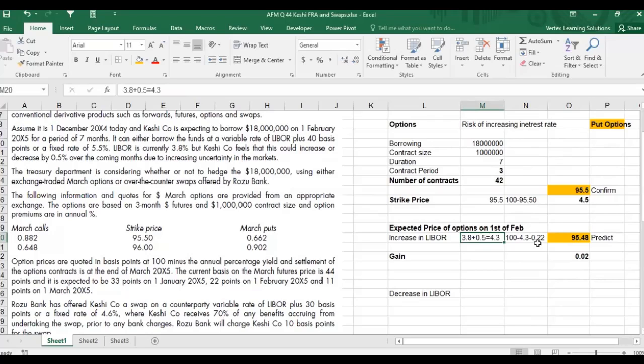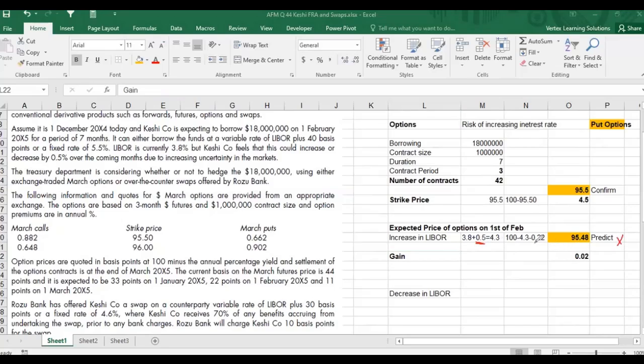And plus this future will also have some basis in it, and that basis is time value, because the contract has not yet expired on 1st of February. So those bases you must also subtract. So you calculate the final price, and this is your predicted price, and this is your expected gain. Now it is possible, like we discussed in the previous lesson as well, that maybe the interest rate does not go up by this, then this will not hold true.